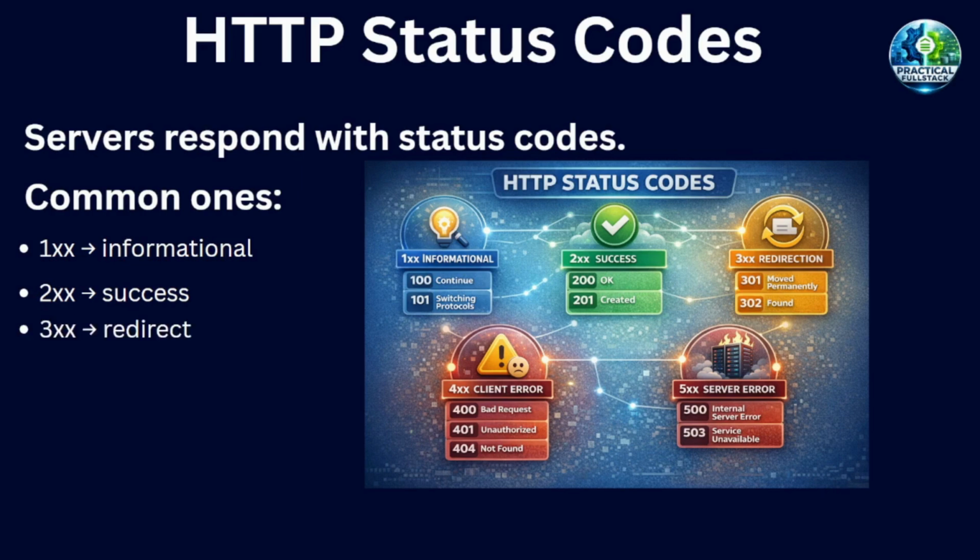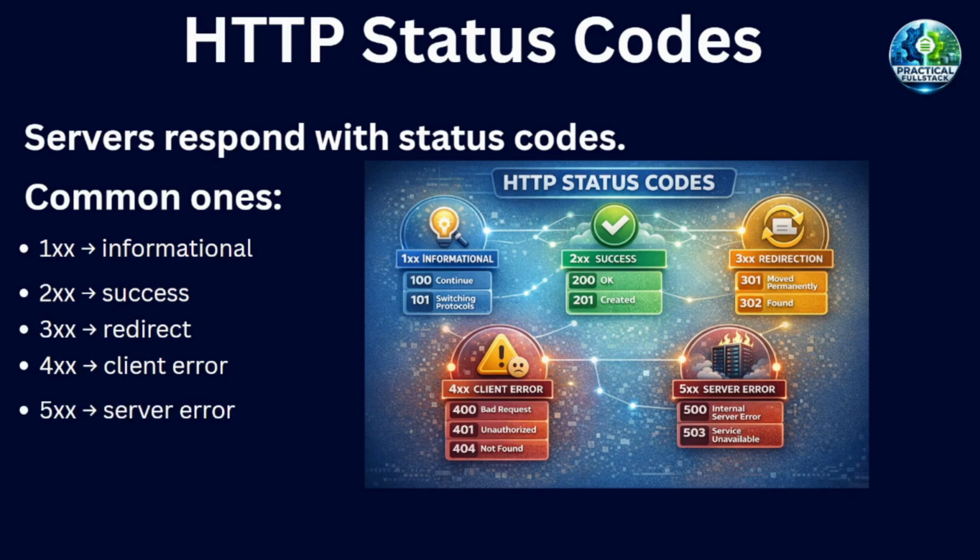Codes starting with 3 represent redirection. This means the resource has moved to another location. For example, 301 Moved Permanently or 302 Found. Codes starting with 4 indicate client errors. This means there is something wrong with the request sent by the browser. For example, 400 Bad Request, 401 Unauthorized or 404 Not Found.